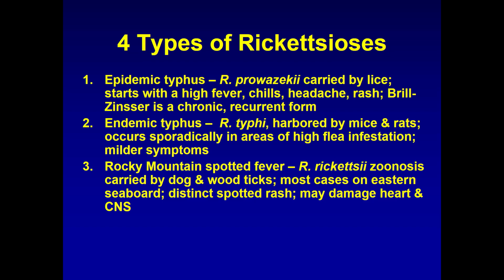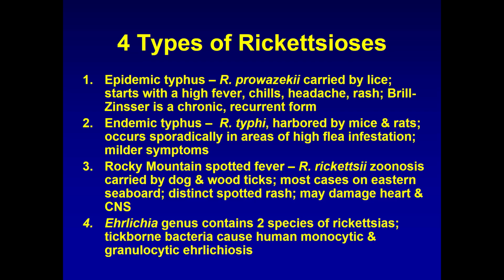Then we have one more thing that you need to know about. So those are the three species of genus Rickettsia that you need to know. Rickettsia prowazekii, epidemic typhus. Rickettsia typhi, endemic typhus. Rickettsia rickettsii, Rocky Mountain spotted fever. Then you need to know that there's another genus with a couple species of Rickettsias called Ehrlichia.